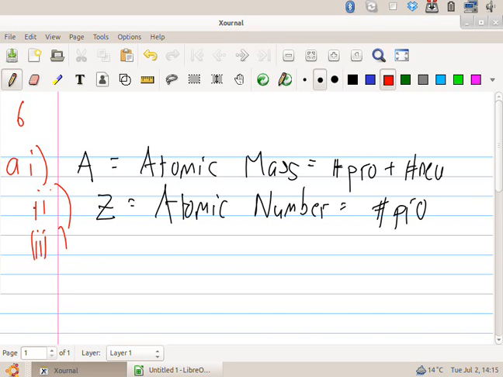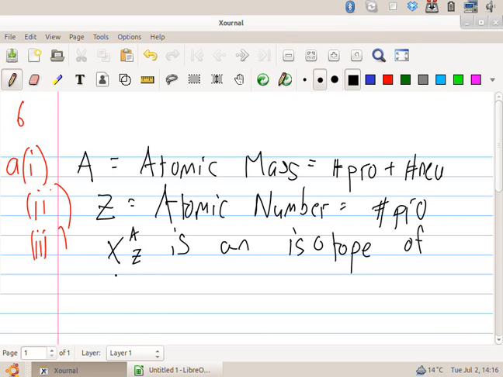Okay, and then part 3 is basically what's an isotope. So you know this from chemistry. I could say something like X with A and Z is an isotope of, let's call it, X dash with A dash and Z dash. For it to be an isotope, what needs to be the same and what needs to be different?